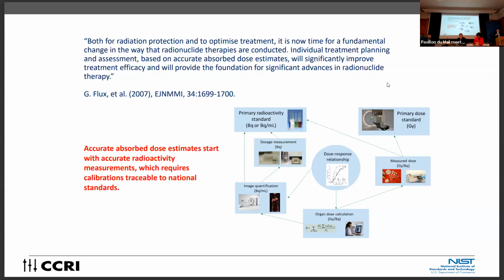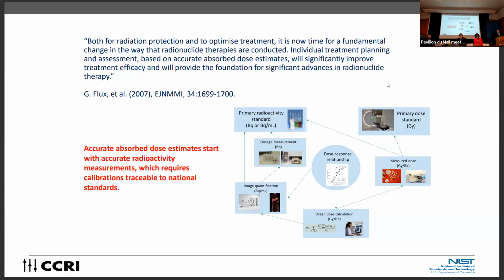If you're able to do that, then you can have some validation in your organ dose calculations, whether it's through a model or maybe someday we'll actually get in vivo dosimetry and be able to measure these things in live patients.